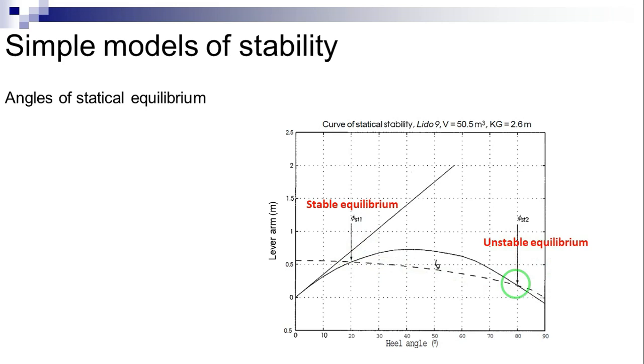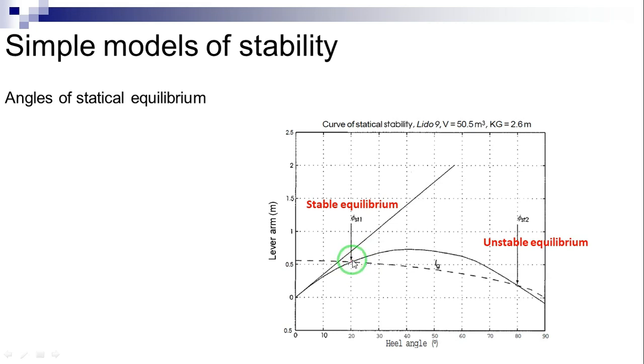of this statement. Let us first consider the equilibrium at the first static point, at the first static angle, phi st1, and assume that some perturbation causes the ship to heel further to starboard by a small angle delta phi. When the perturbation ceases at the angle phi st1 plus delta phi, the righting arm is larger than the heeling arm, returning thus the ship toward its initial position at the angle phi st1.